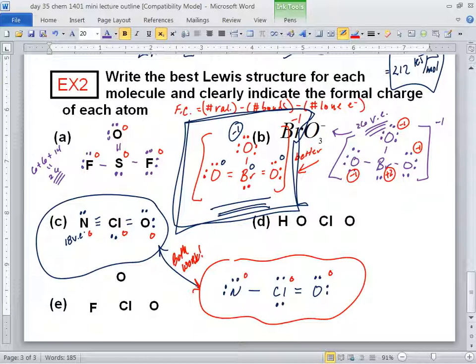For HOClO. Dylan, what'd you do for HOClO? Just added a double bond to that over there.